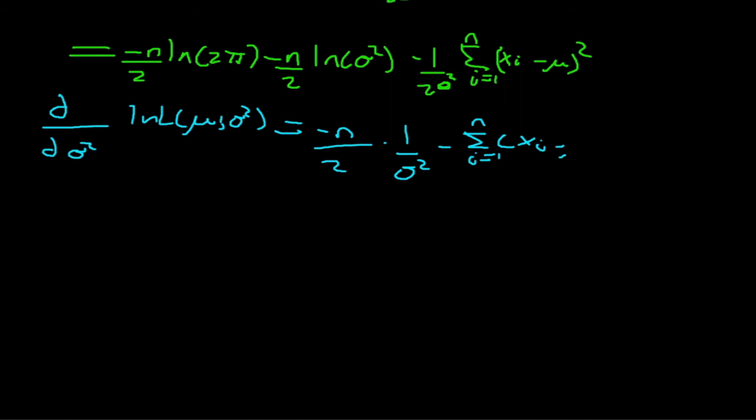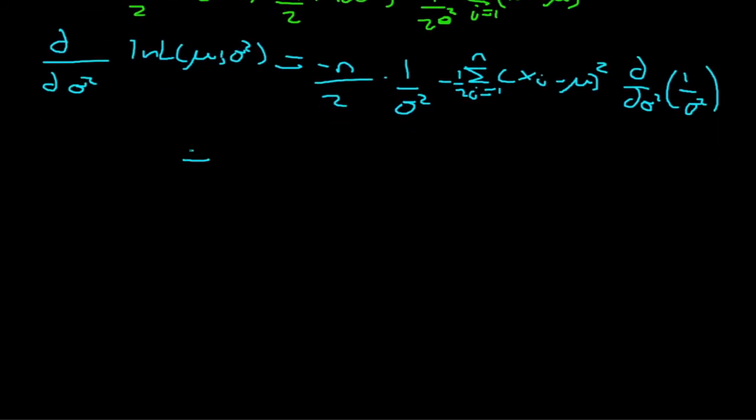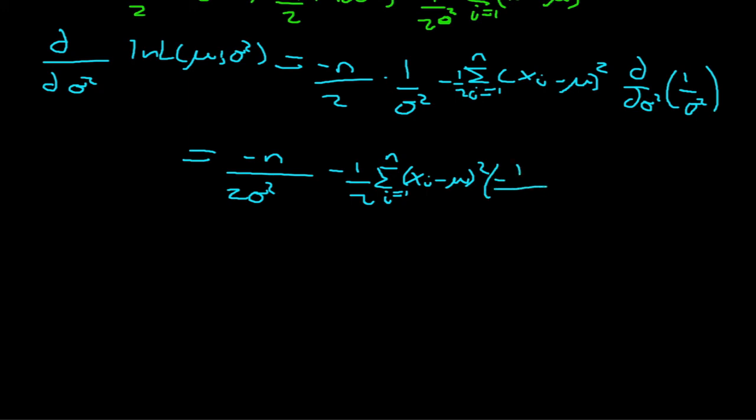So I will just write it like this, and I don't need to forget the half here, and then we will need to take the partial derivative with respect to sigma squared of 1 divided by sigma squared. And this will be equal to minus n divided by 2 sigma squared minus a half times the sum from i equals 1 of xi minus mu squared, and this term right here guys will be equal to minus 1 divided by sigma squared, and that squared as well.